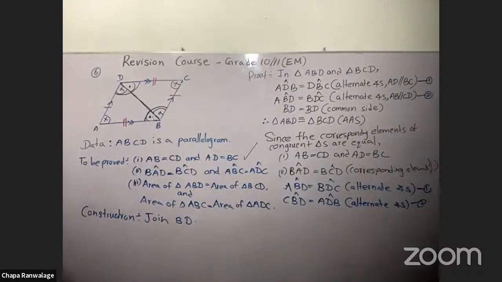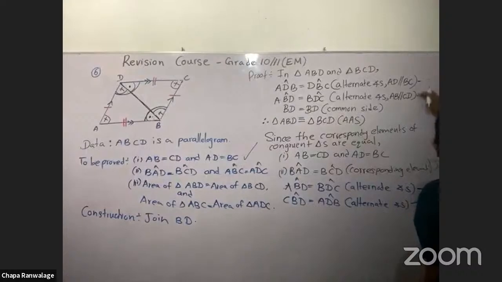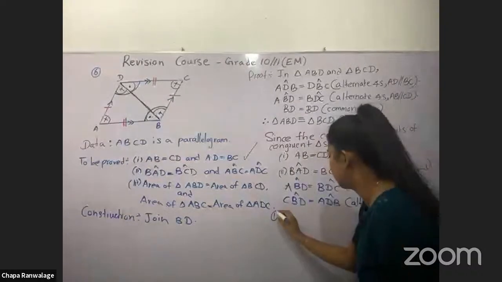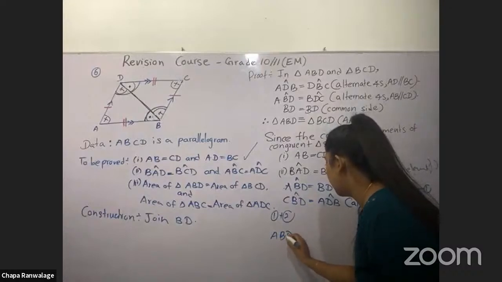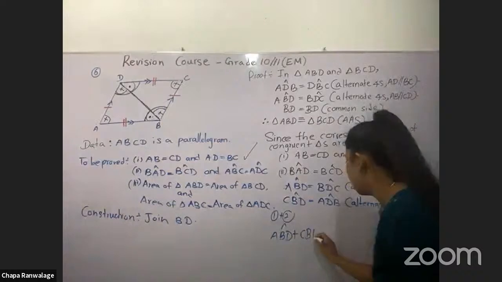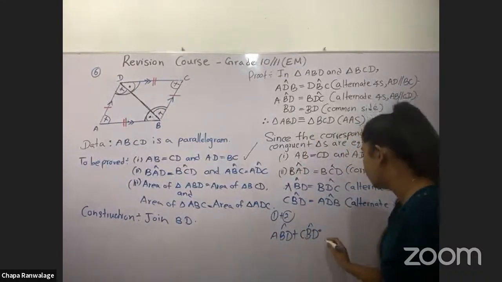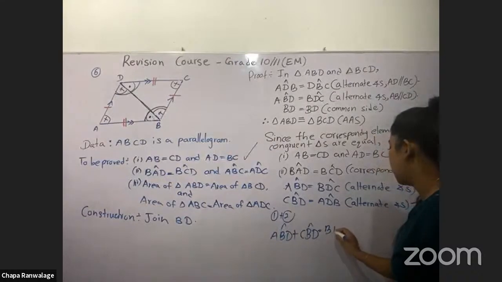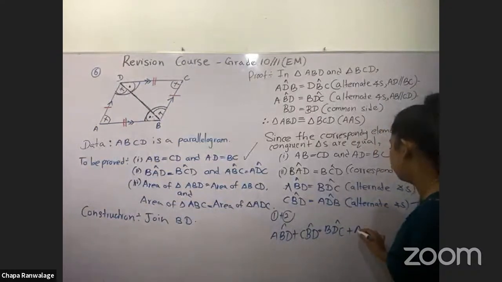Right, now you can add 1 plus 2. Let me write it: ABD plus CBD equals BDC plus ADC, ADB.